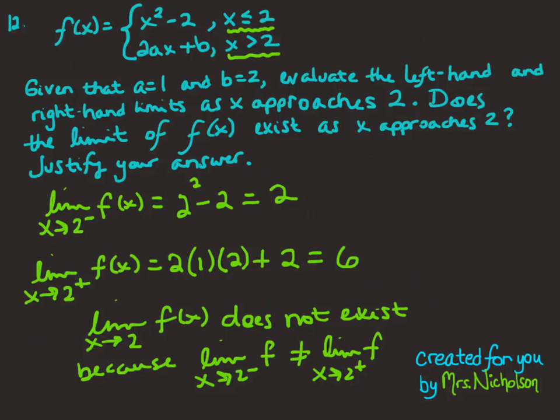Or you could write out in words, the left-hand limit and the right-hand limit are not the same. The one-sided limits are not the same. But you need to give some form of that reason for why the limit doesn't exist.